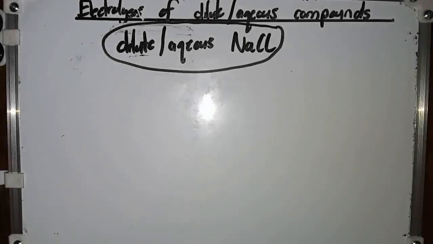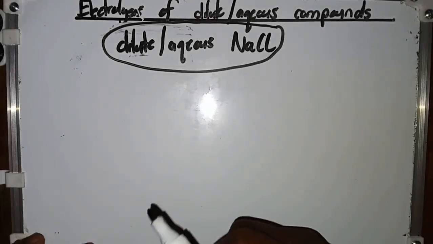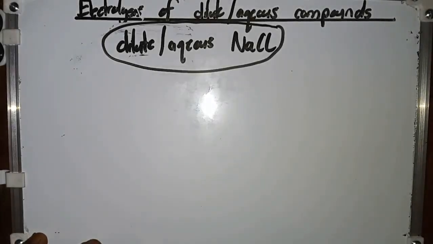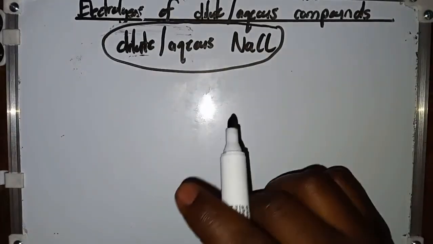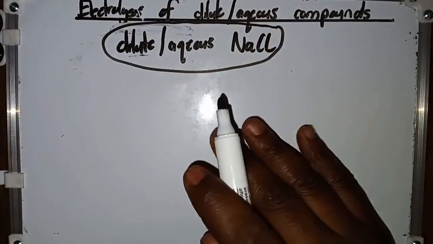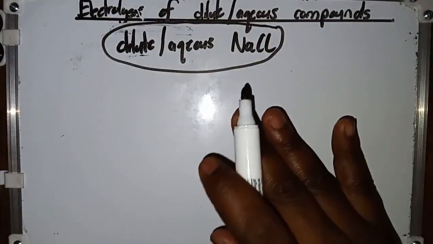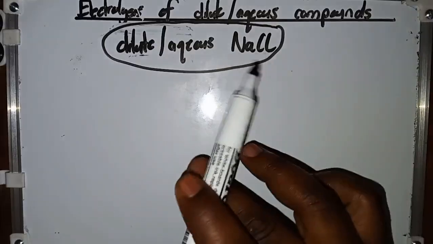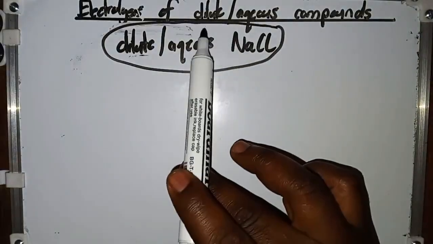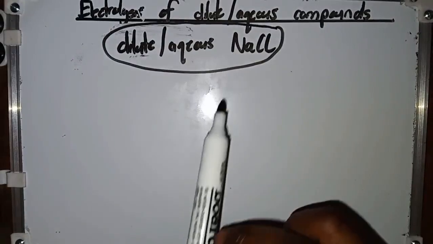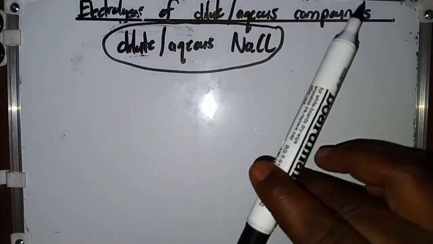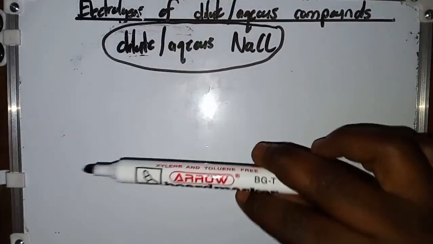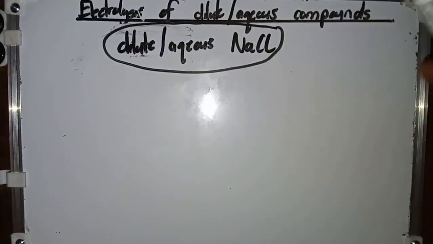Now we are doing electrolysis of dilute or aqueous compounds. If a compound is dilute or in aqueous form, it means that there is also water in there. When we did molten, there was no water, just the ions in that compound. For dilute or aqueous compounds, and the concentrated ones you are going to do, all the ones from now on, there will be water inside.